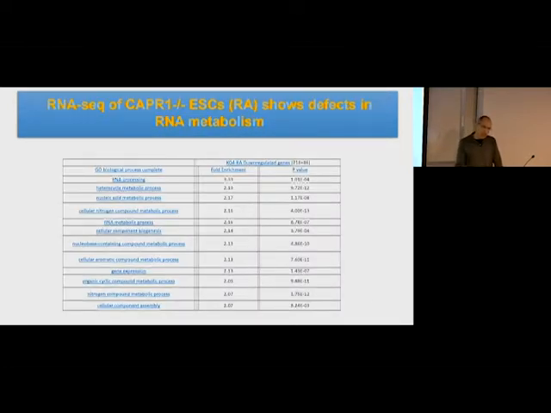And when we looked at what these RNA-Seq results are telling us, in undifferentiated cells, there's very little data to process, but in early differentiating cells, we found RNA metabolism and RNA processing. So this already was quite interesting.